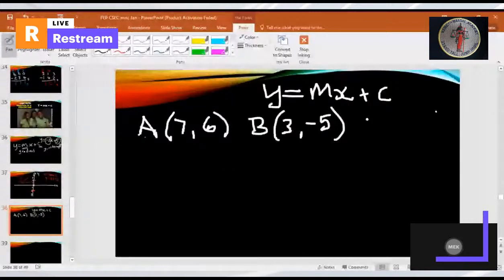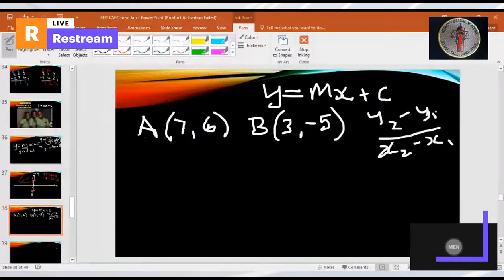So to find the gradient, it's y2 minus y1: the second y value minus the first y value, over the second x value minus the first x value.